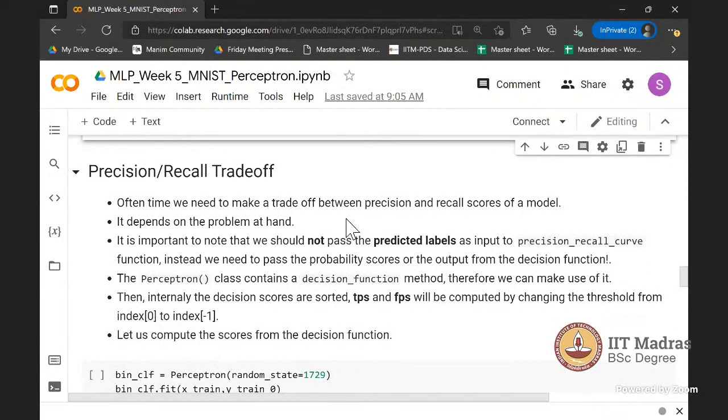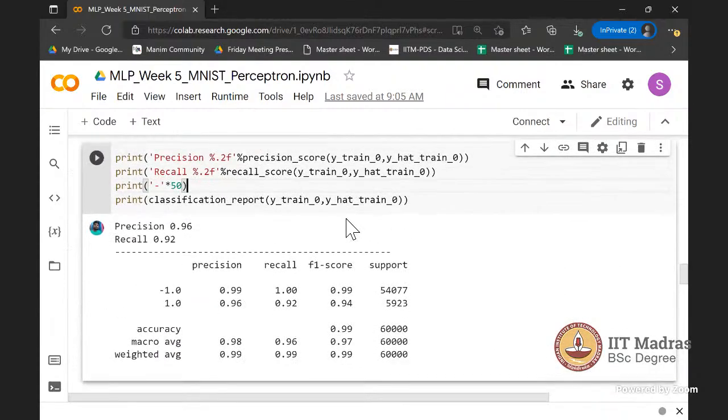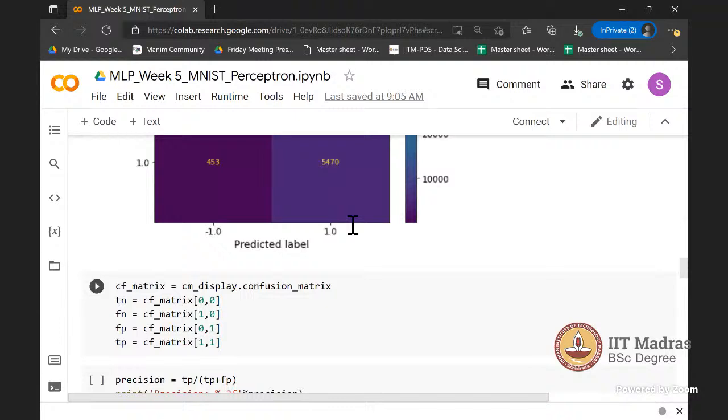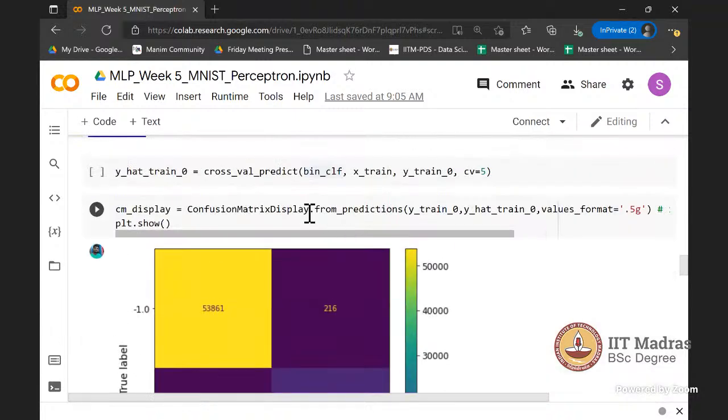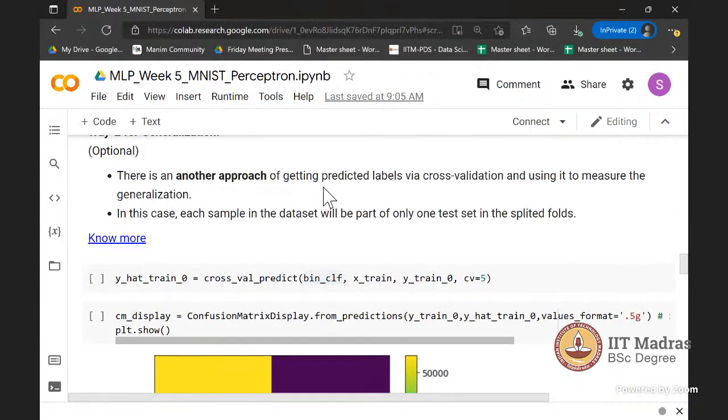So this cross-val-predict, you are retrieving from the cross-validation, right? When you have given this CV equal to 5, that means 4 folds were used for training and 1 was used for validation, right? Exactly. So you are using the predict method on that validation data and finding out the confusion matrix.